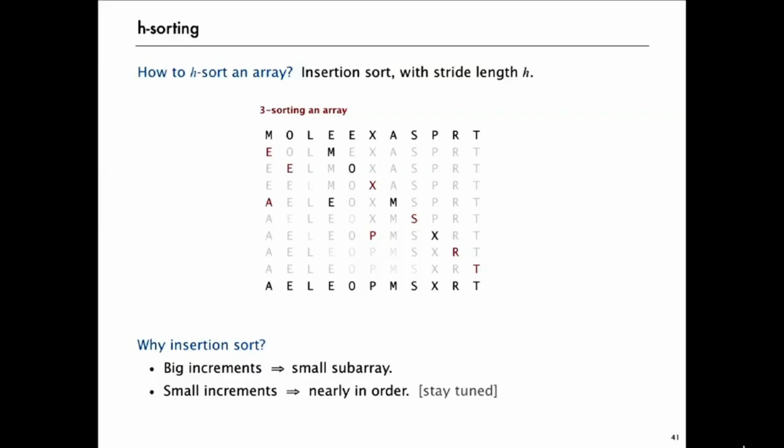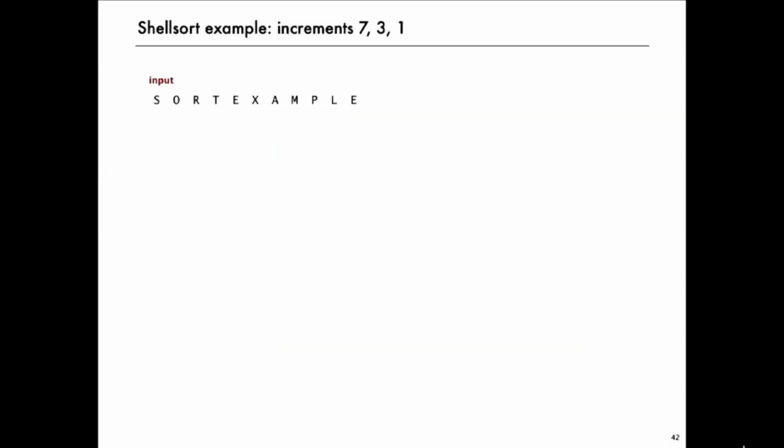But the other thing is, if the increments are small, because we've done previous H-sorts for bigger values of H, the array is partially sorted. And so insertion sort is going to be fast. It wouldn't work to use shell sort as the basis for H-sorting, because that always takes quadratic time no matter what order there is in the array.